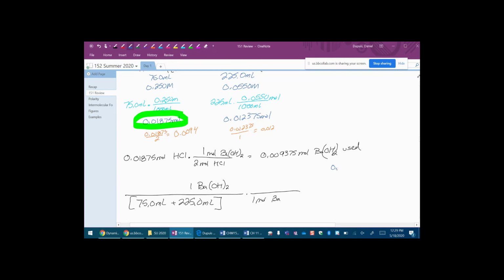I got to take my 0.012375 moles, subtract my 0.009375 moles, we got 0.01235 minus 0.003.